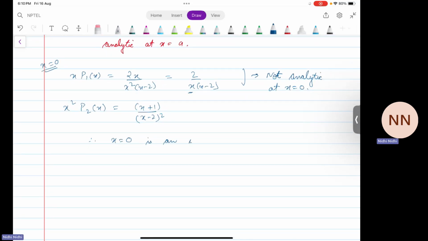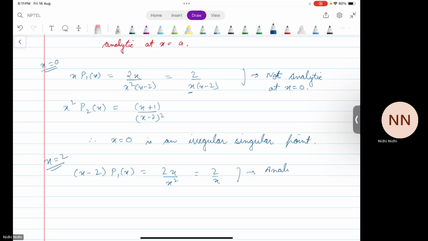Is an irregular singular point. Next we have x equals to 2. Now let's see, (x minus 2) p1(x) is equal to 2x by x square, which is 2 by x. Clearly this is analytic at x equals to 2.